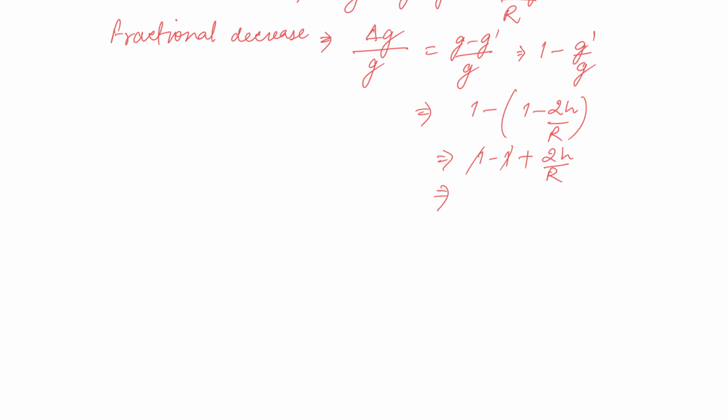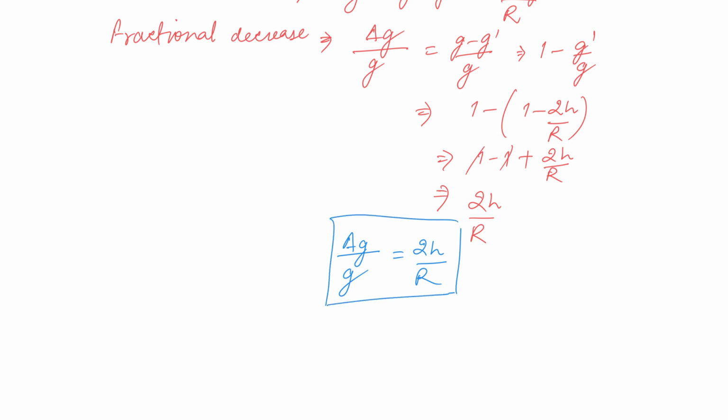So we will get 2h upon R. So the fractional decrease will be 2h upon R. This fractional decrease is an important point. Sometimes these questions are asked in the paper.